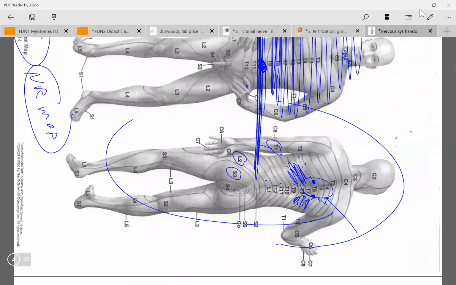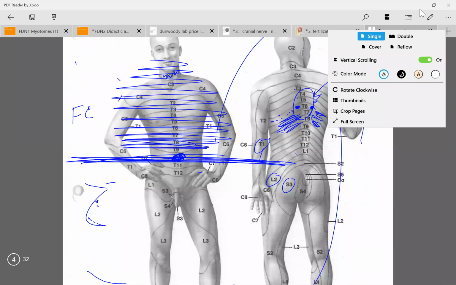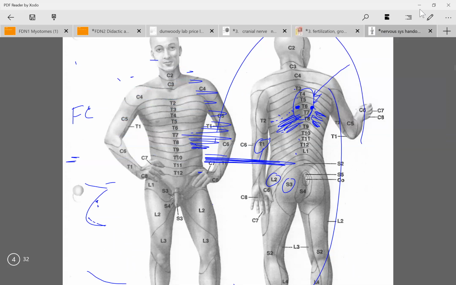And that goes back to your dermatome map. Let's say it was this hand that experienced the tactile information, so the right hand.